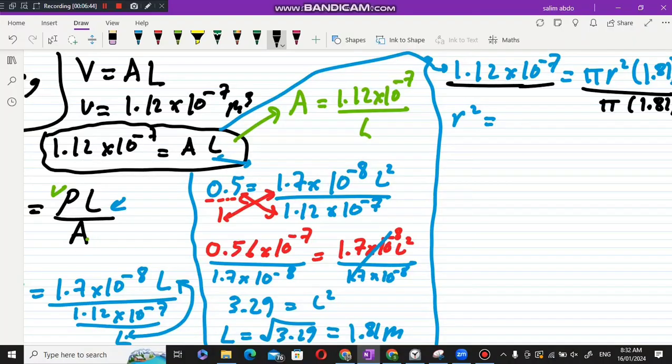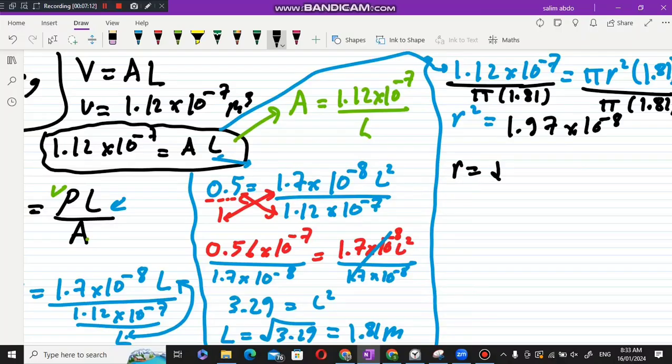So we divide by pi multiplied by 1.81. And we will get that r squared is equal to 1.12 times 10 power minus 7 divided by 1.81 pi. It's equal to 1.97 times 10 power minus 8, and we need to do now square root.